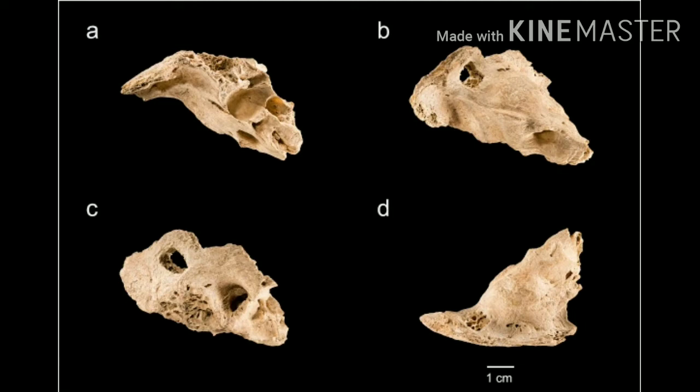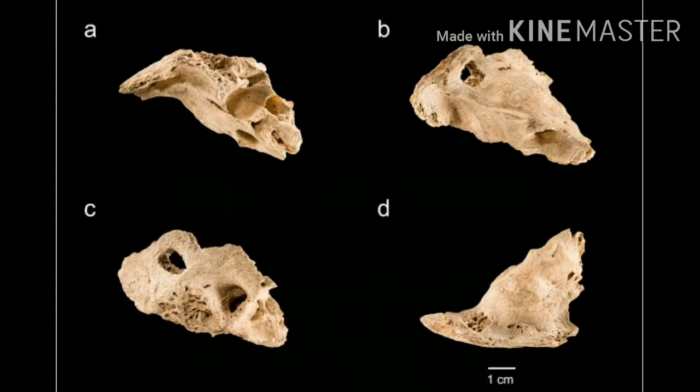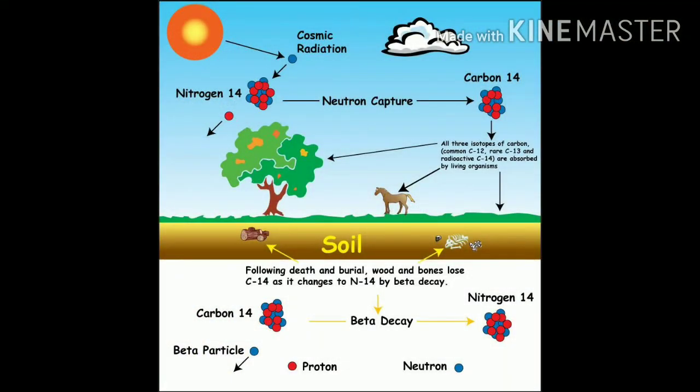When pieces of wood, charcoal, bone, fossil, etc. from the prehistoric period are found, it is possible to measure the remaining carbon 14 in a laboratory. By measuring the remaining carbon 14 in the object, we learn how old that object is.